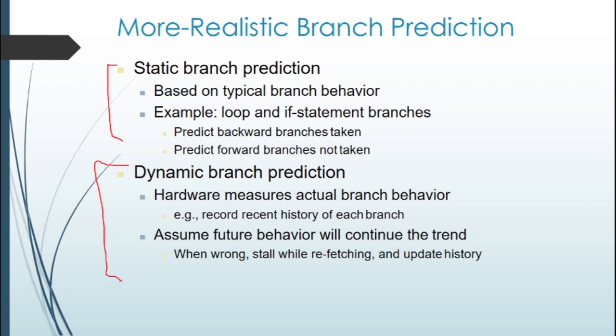If it's changing behavior almost every time, then dynamic branch prediction will not work as efficiently as it should. But if it's behaving normally, it's more likely to behave the same way next time. So the previous history matters. Dynamic branch prediction is when the previous history of each branch is taken into account before predicting the behavior of that specific branch.